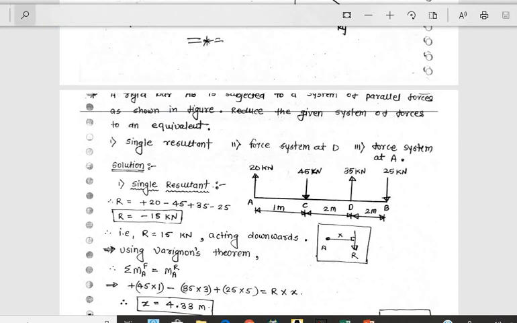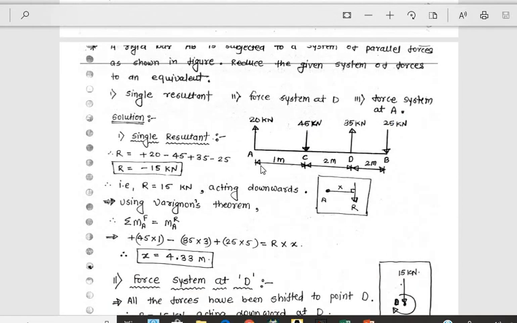A rigid bar AB is subjected to a system of parallel forces as shown in the figure. Reduce the given system of forces into an equivalent single resultant force, and force system at D and force system at A. See, these are the forces acting, 4 forces. All forces are vertical.